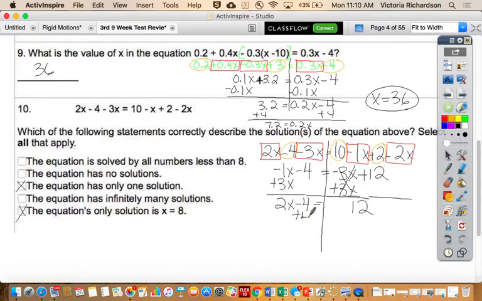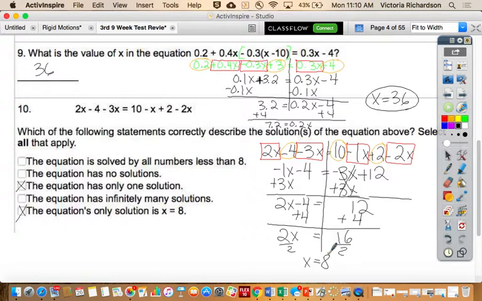Then I add 4 to both sides, and you get 2x equals 16. Divide by 2, and you get x equals 8. So my answer is the equation has only one solution, x equals 8. That's one answer. And the equation's only solution is x equals 8.